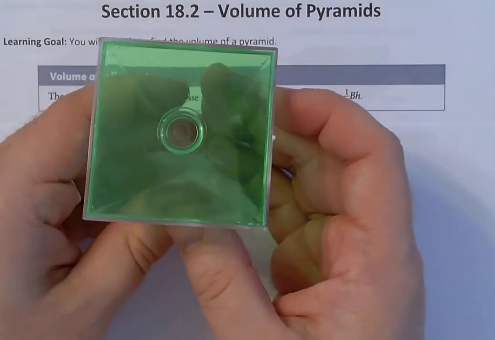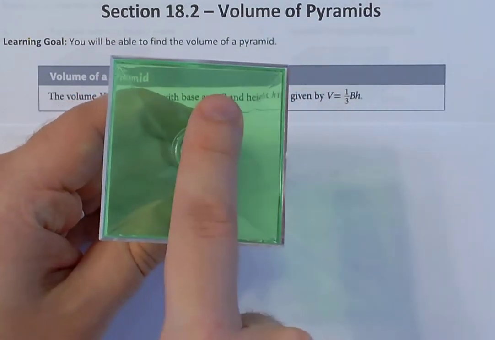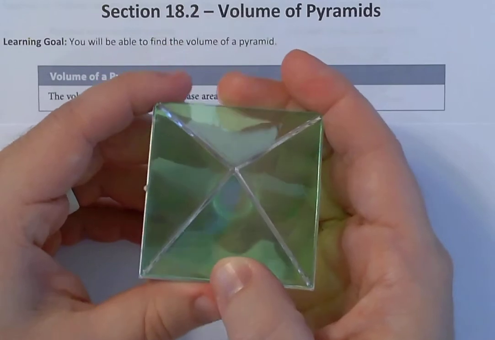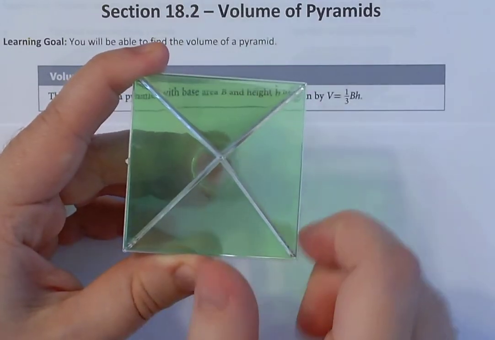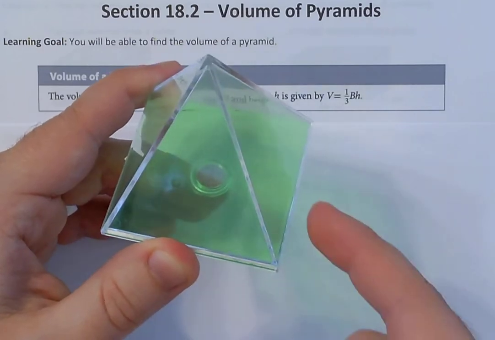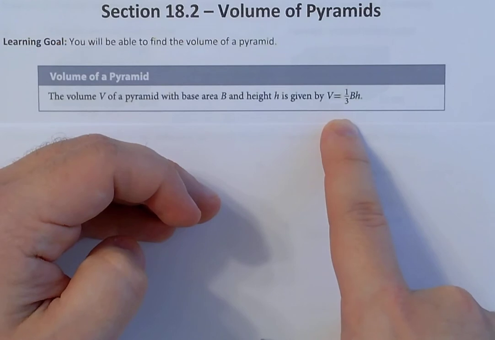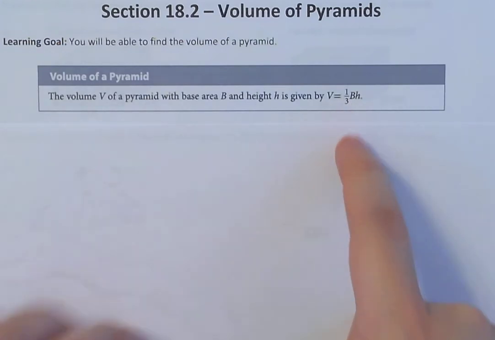If we're talking about a rectangle, find the area of this rectangle, figure out the height of the pyramid, and once you have the area of the base, the green part, and the height of the pyramid, you can plug it into 1/3 B times h.